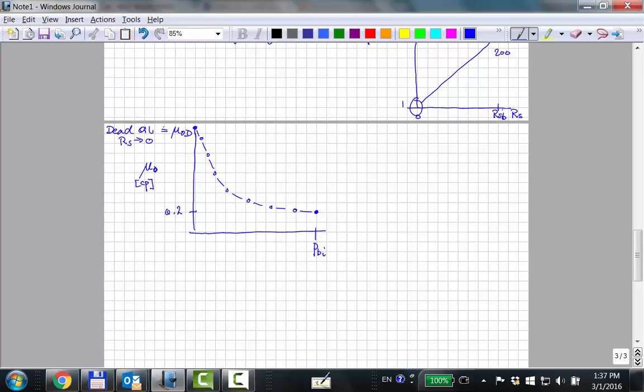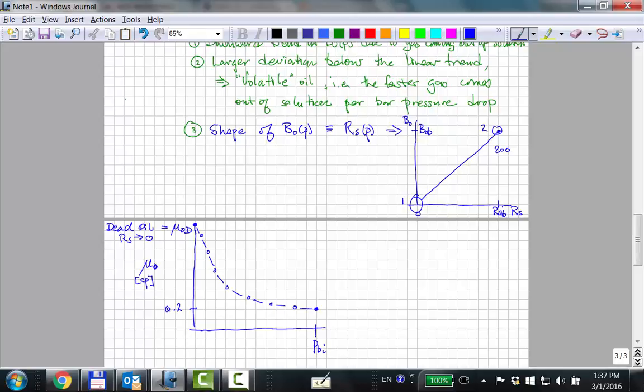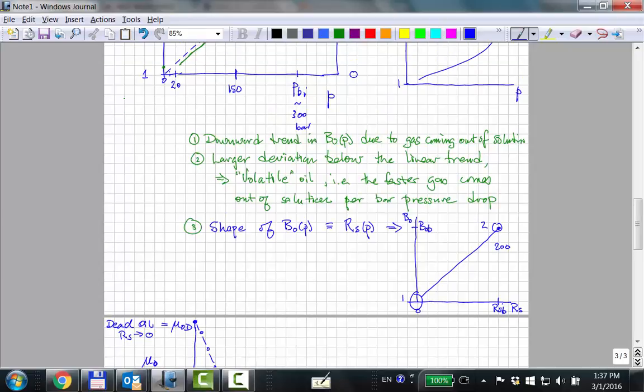And for reasons I can't really explain, even though you've got a lot of gas coming out of solution, the oil viscosity doesn't jump up real high. Okay, it just doesn't. It generally is kind of flat, gradually increasing, and it really takes off at the lower pressures. That's generally the case. So I can't explain why. It's a little too complicated. But this is what it should look like. Okay.